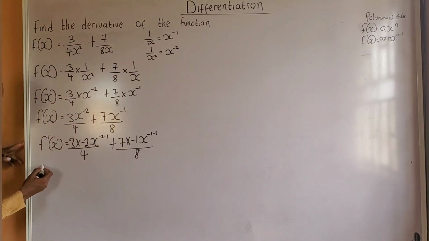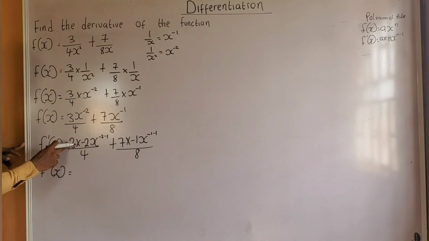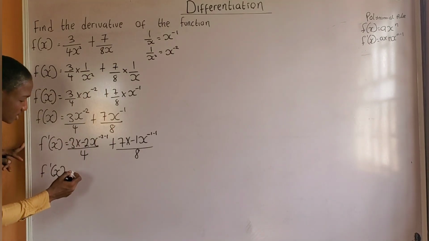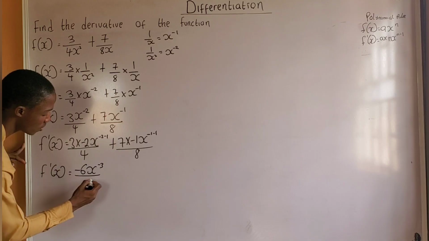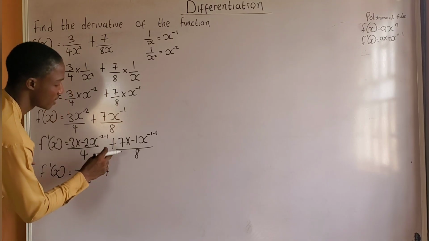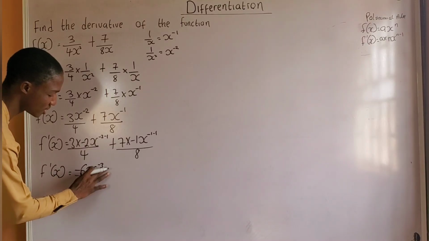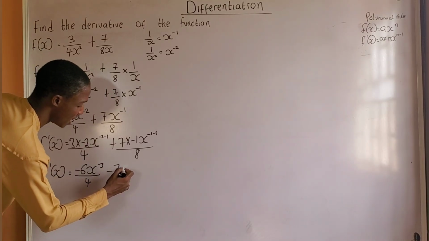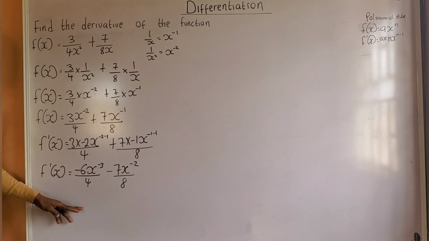Okay, from this point, I'm going to have the derivative of f of x equal to 3 times negative 2. That is negative 6. Negative 6 x raised to the power of negative 3 all over 4 plus 7 times negative 1. That is what? Minus 7, right? So let's change this to minus. Minus 7x raised to the power of negative 2 all over 8. Are you getting it? Okay, having gotten to this point, please pay attention.